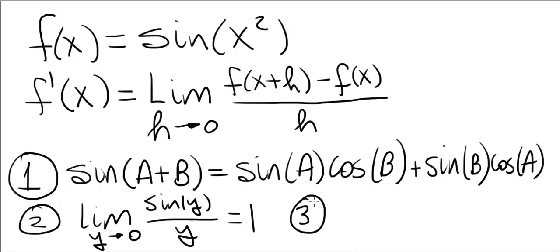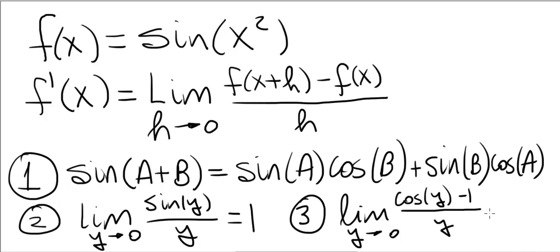And the third result is another limit: as y approaches 0, cosine of y minus 1 divided by y equals 0. Finding the derivative by definition is a four-step process.